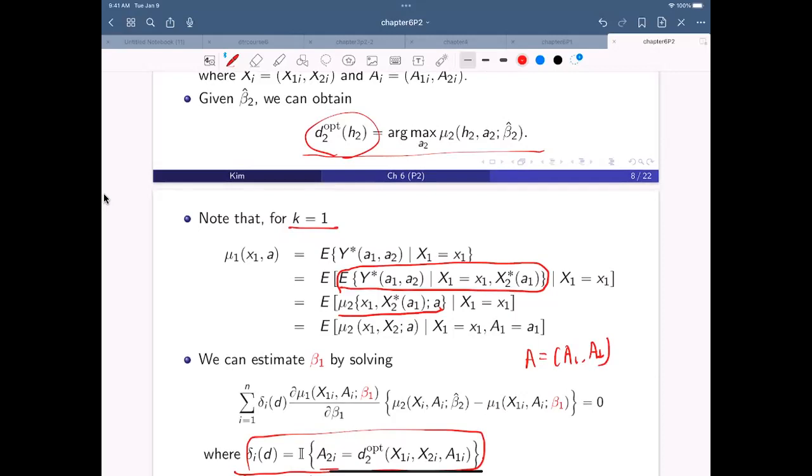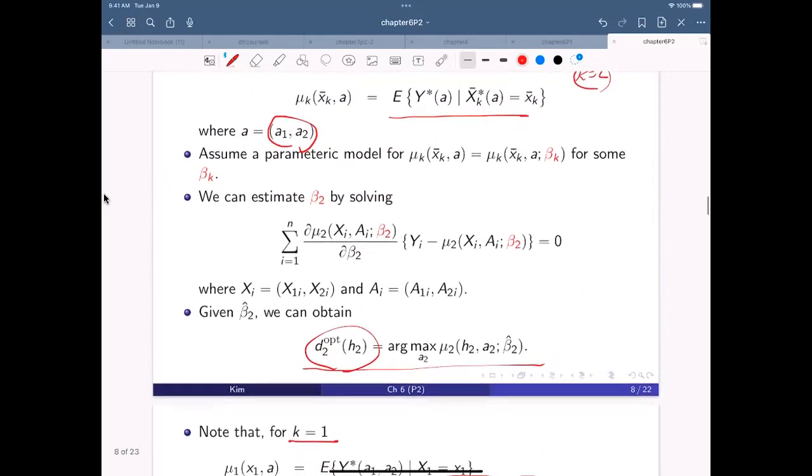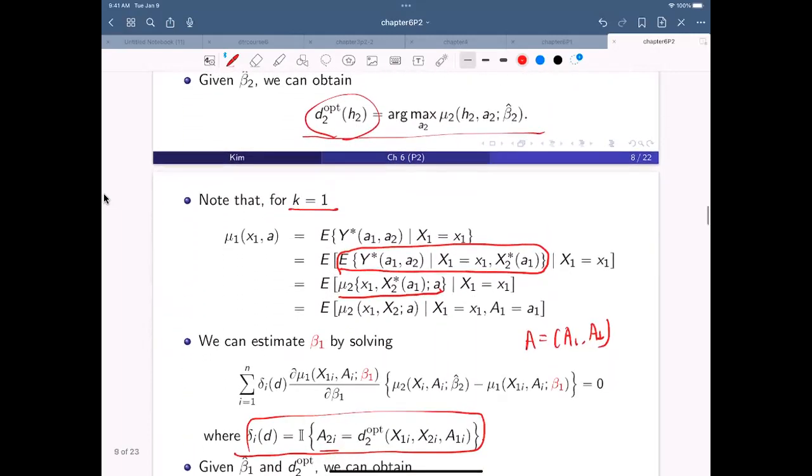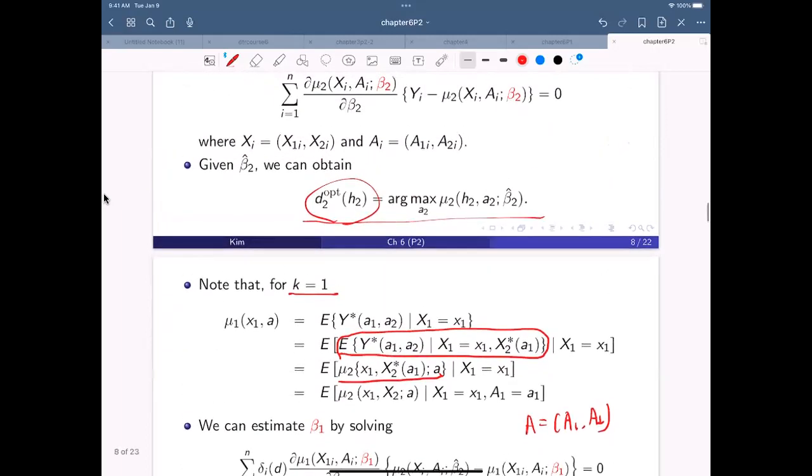It's just a general A. At least this beta one is A specific, and what we really care about at the end of the day is this particular A2. So that's why.